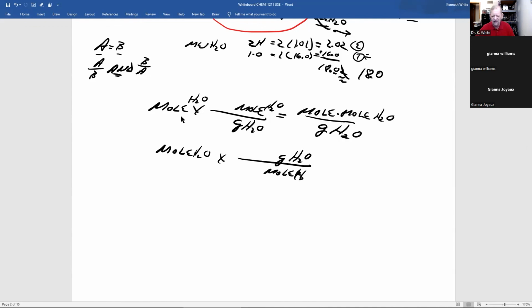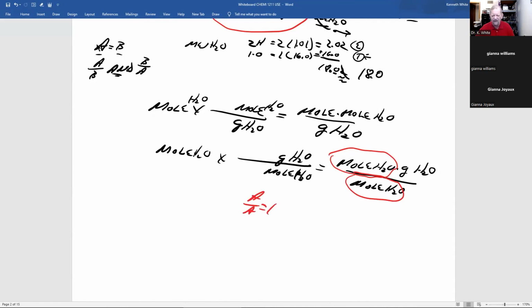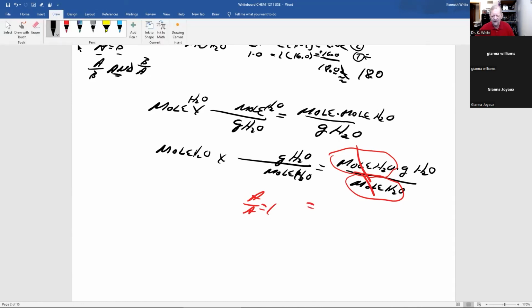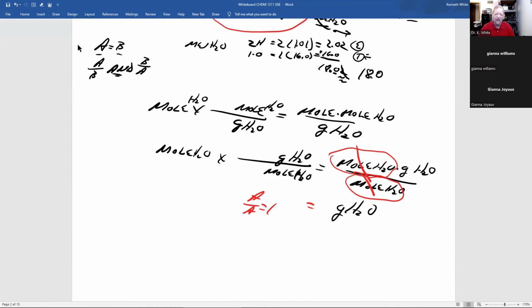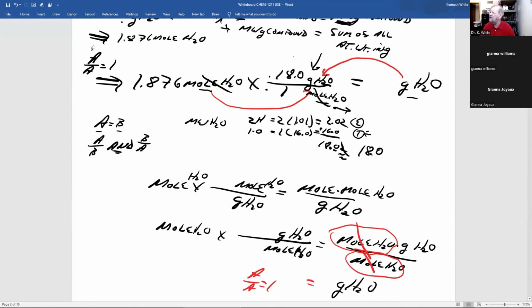And I don't usually do this, but if I just do the multiplication division, I have moles of water times grams of water divided by moles of water. And notice right here, and look out, I'm going technicolor on you. This divided by this is A divided by A equals 1. That's canceled out, and I'd be left with grams of water. So this is important. You should know how to do this.